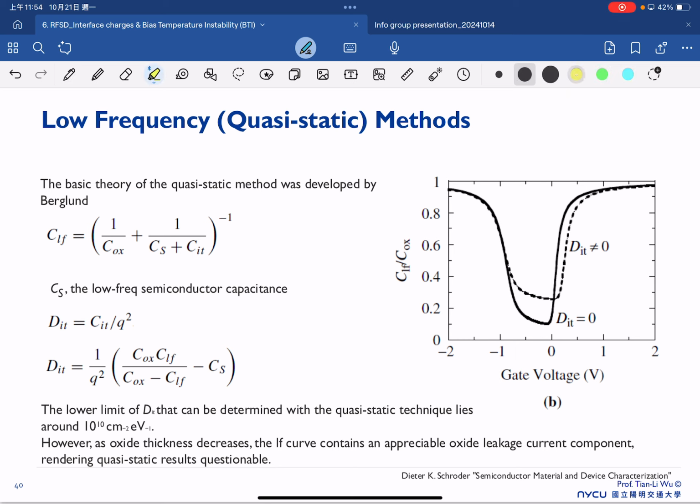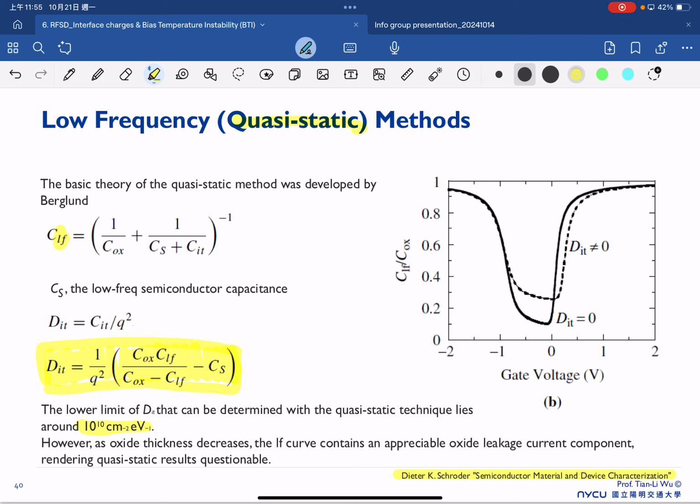The quasi-static method is basically by considering that we have a low frequency capacitance here, and then the interface state density is calculated as shown here with a low frequency curve. So that's the low frequency method, and the DIT here can be estimated down to 10 to the 10 level. If you are interested in how this equation comes out, I recommend this textbook.